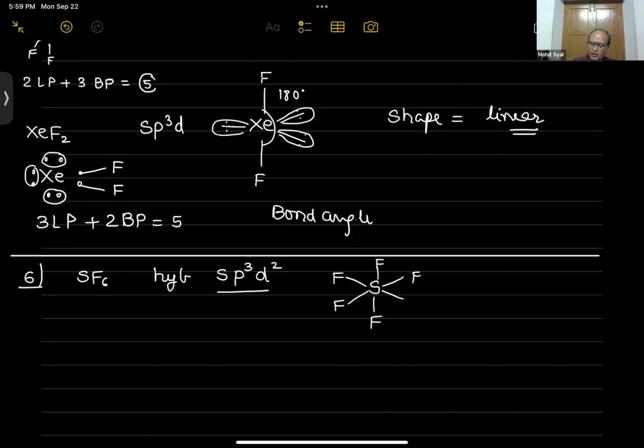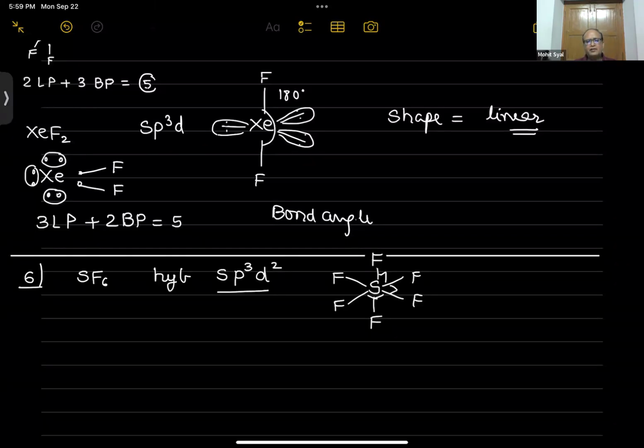But here you don't call them equatorial and axial because all bond angles are the same. There the bond angles were different. Here all the bond angles are 90. This is also 90, this is also 90. So they are the same.